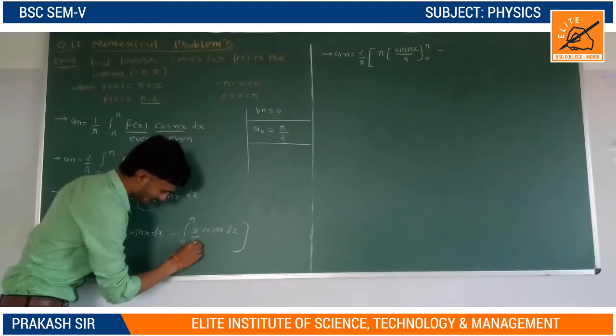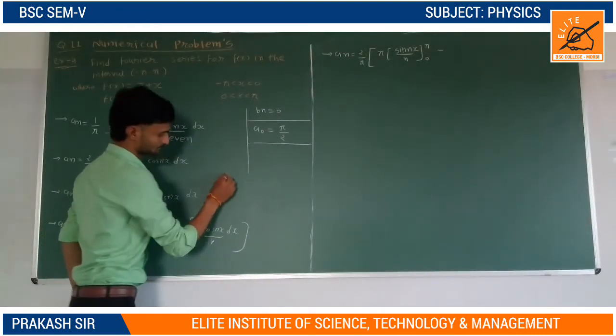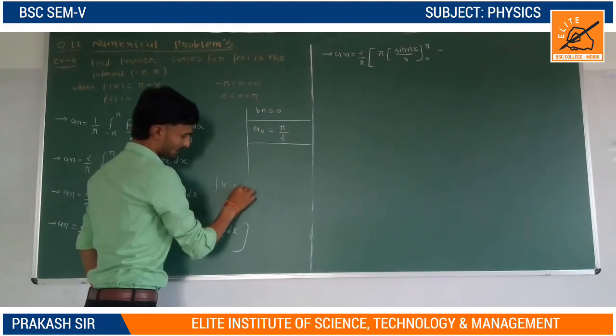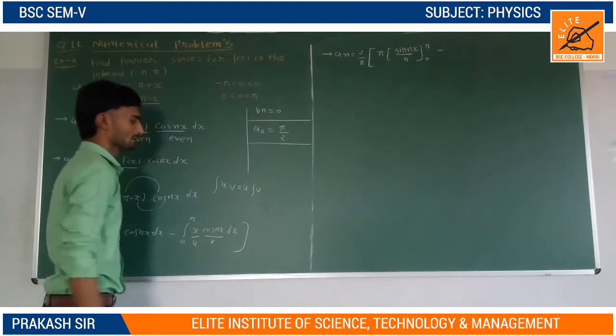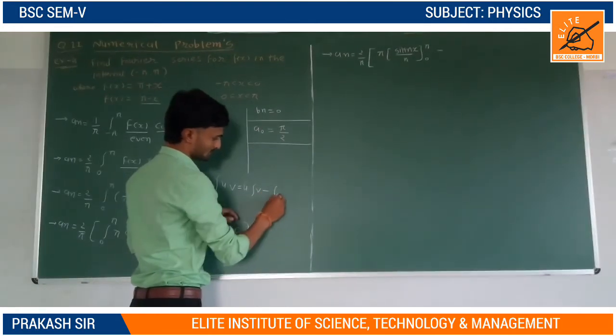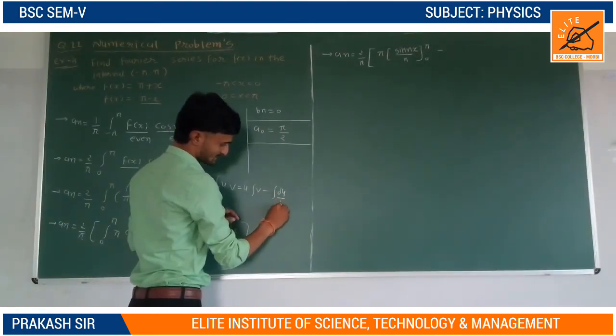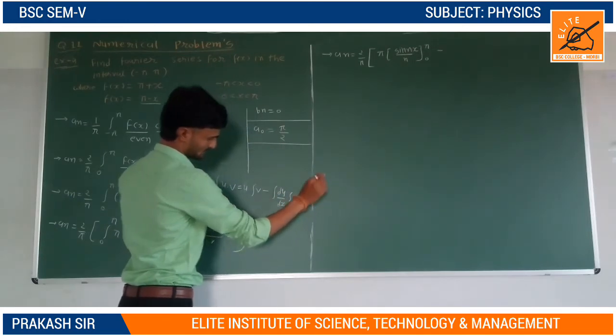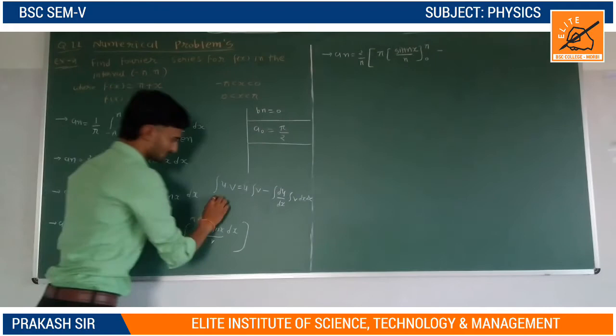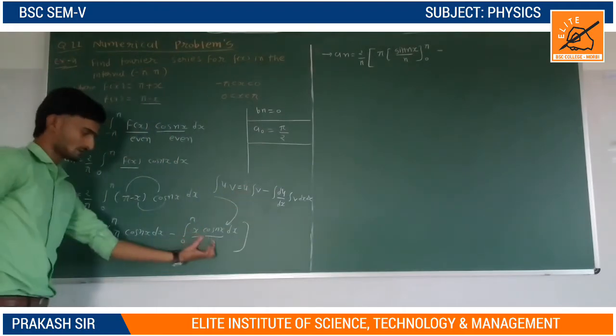So for this type of integration we use integration by parts, uv: u times the integration of v, minus the integral of du upon dx times the integration of v dx. So use this formula for this term.